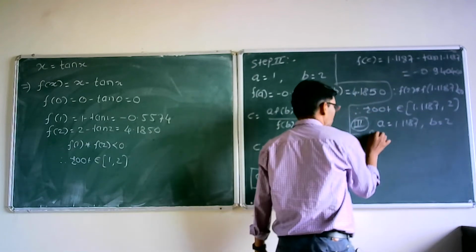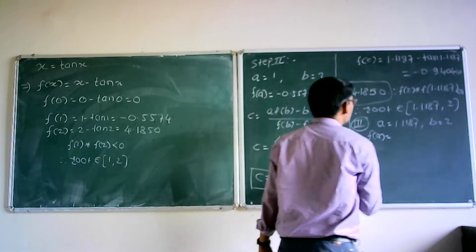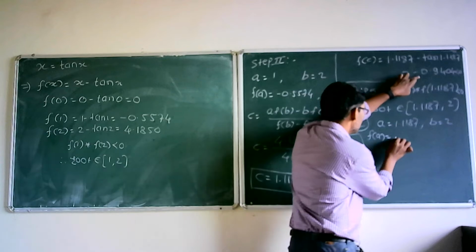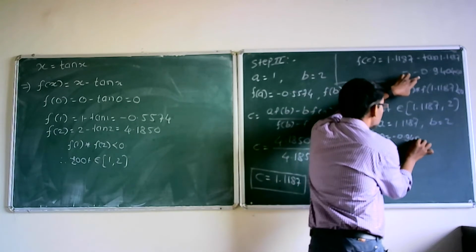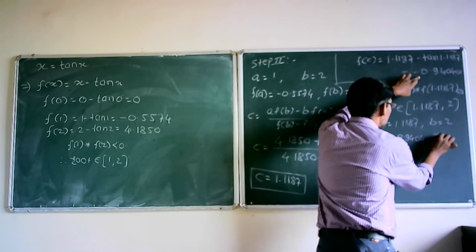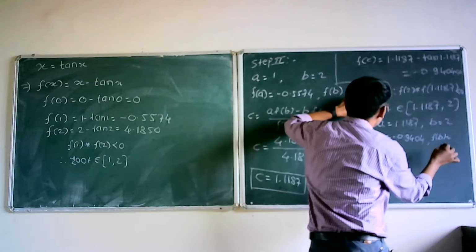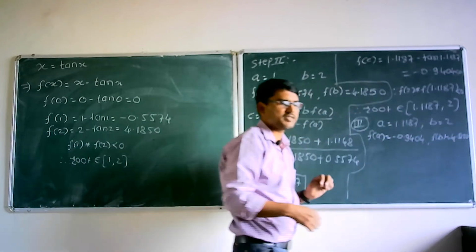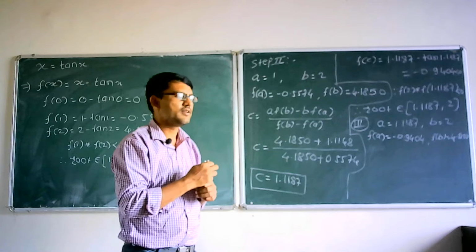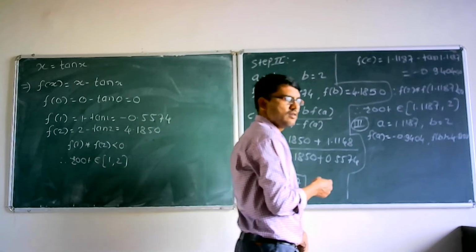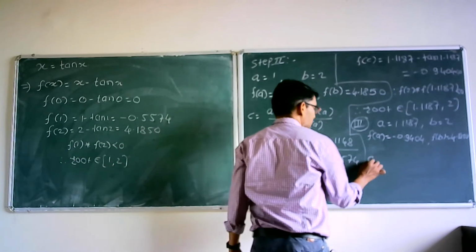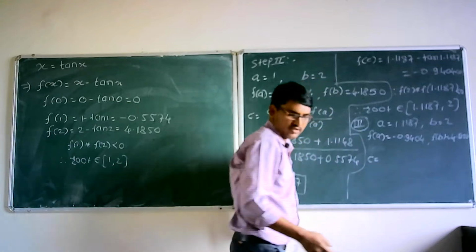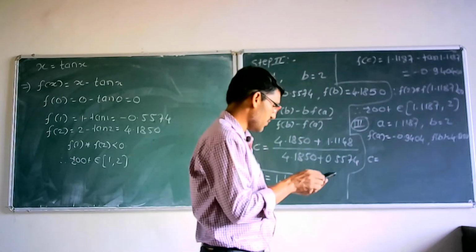So what is f of a? f of a is minus 0.9404, and f of b is what? Already we have determined 4.1850. We determined this value in a previous step, in step number 1. So next, find c. c is equal to a f of b minus b f of a.